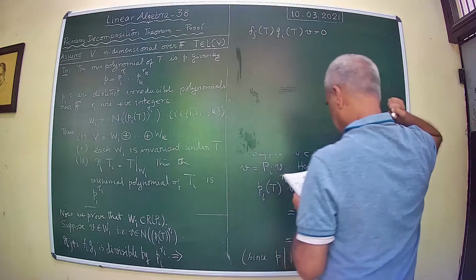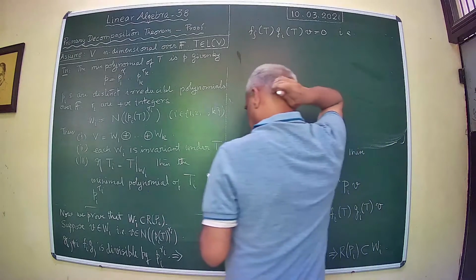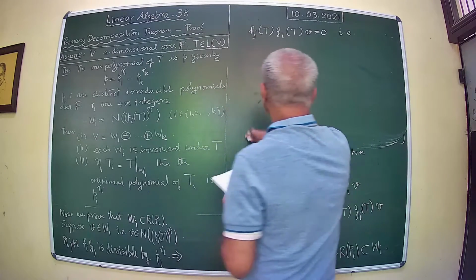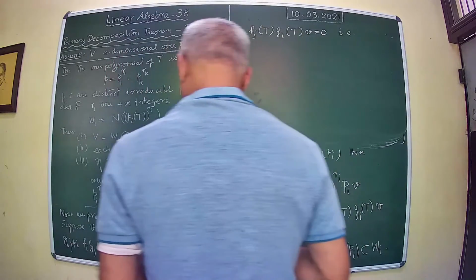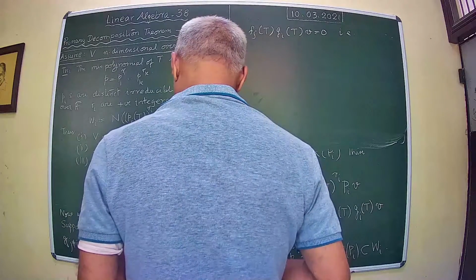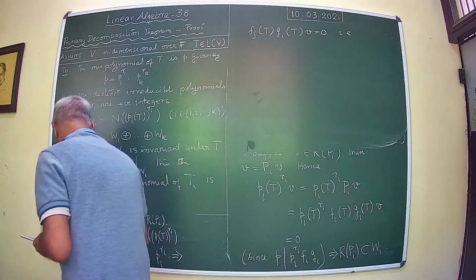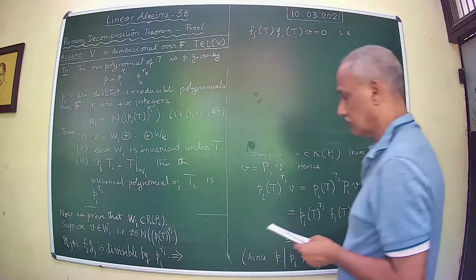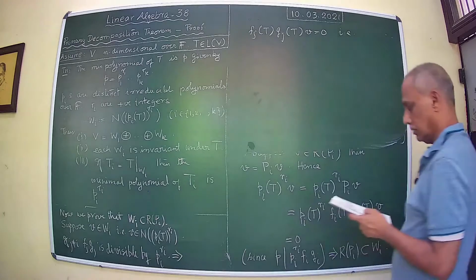Equal to 0. That is, you have so Fj Gj will be equal to 0.